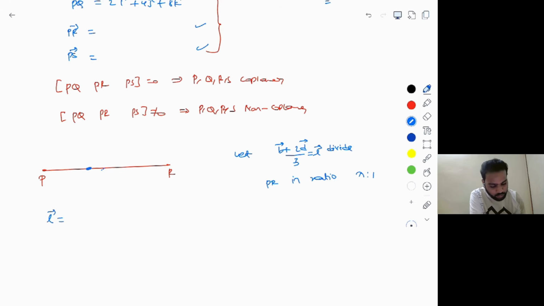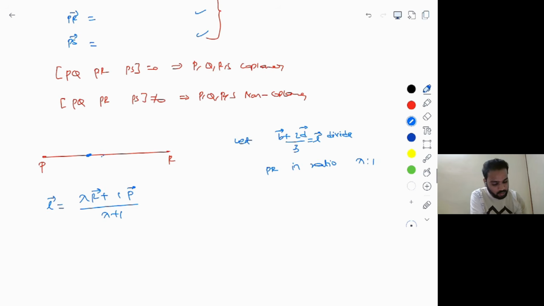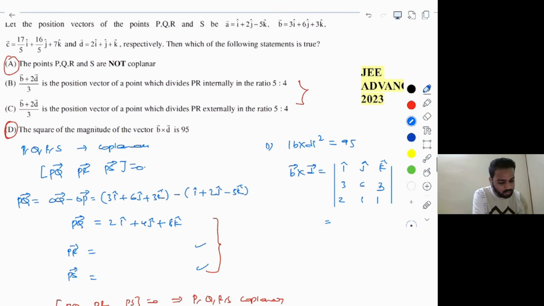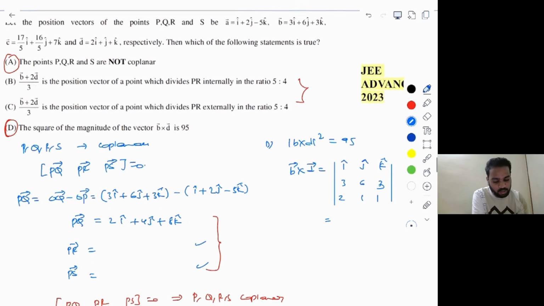So L bar should be equal to lambda into R bar plus 1 into P bar, whole divided by lambda plus 1. And then finally, L bar is nothing but B bar plus 2D bar divided by 3, which is equal to lambda times R bar. We know what R bar is from the question here. R bar is the position vector of the point representing C bar here.